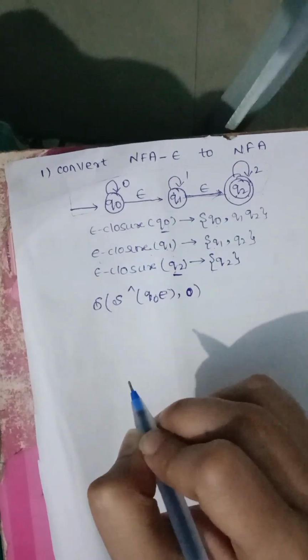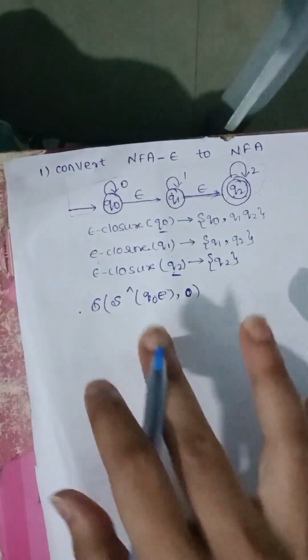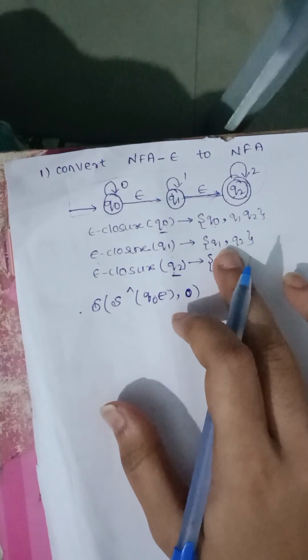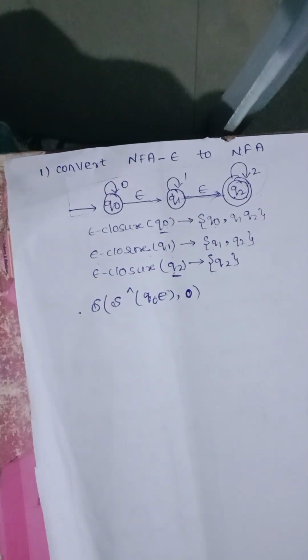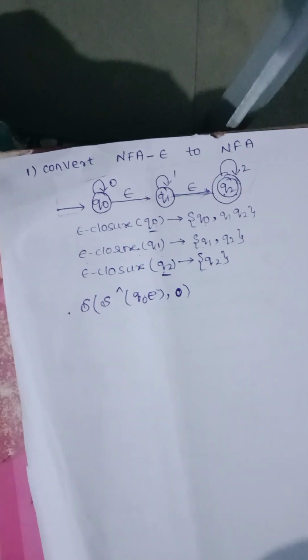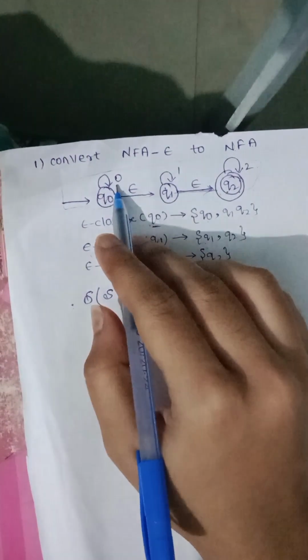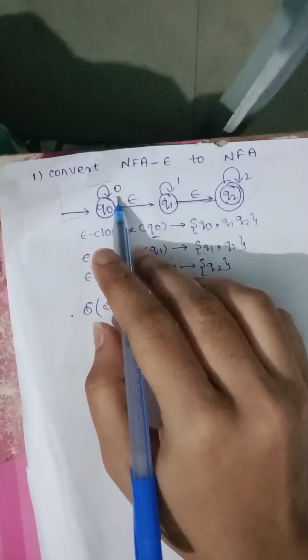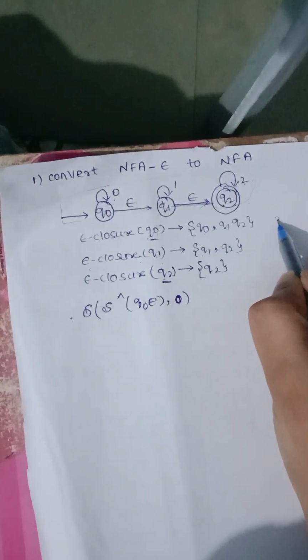I am writing 0. This is the rule. From this rule we apply to this problem and find the result for every state. The first state is Q0 with 0. How many inputs do we have? 0, 1, 2. Now there are 3 inputs.